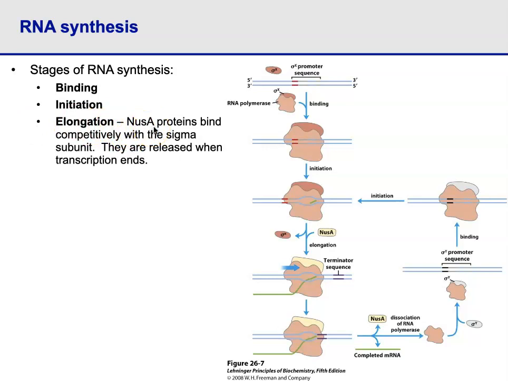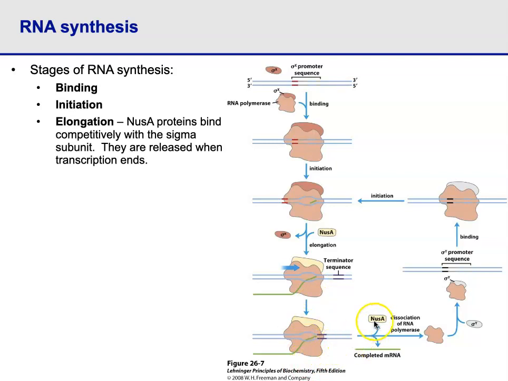The elongation process is supported by the NusA protein that binds, basically exchanges for the sigma subunit, and the binding of this protein basically supports the association of the RNA polymerase with the template, and allows more stable synthesis of RNA, until of course we reach the termination signal.